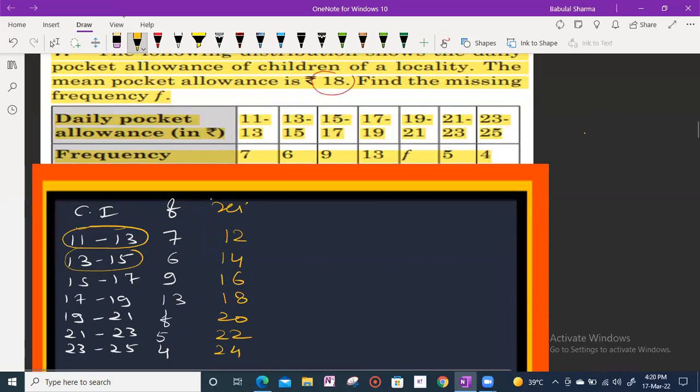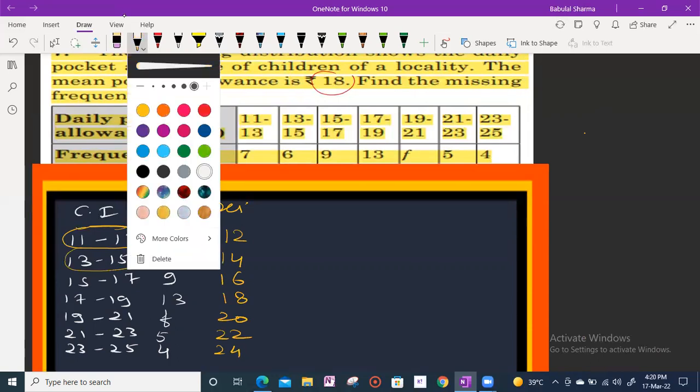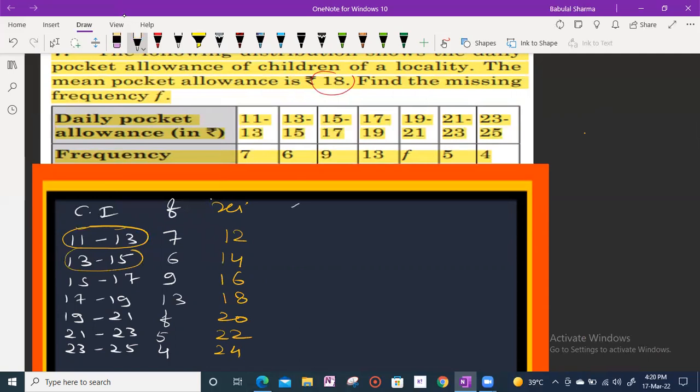Now, using the formula, we have to do it by the direct method. So we need fi into xi. In this question, we multiply the f with corresponding x. So 12 into 7, that is 84. Please do the next part. And 14 into 6, that is also 84. And 16 into 9, 144.